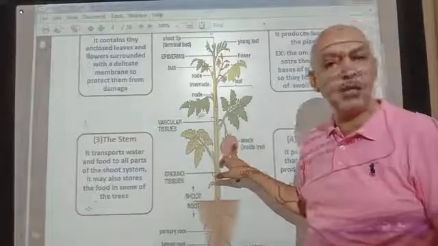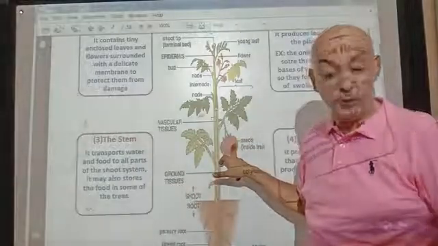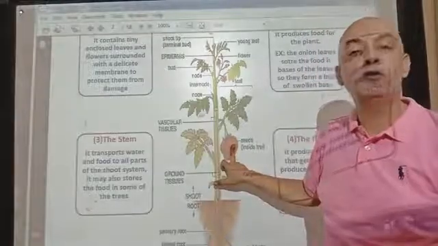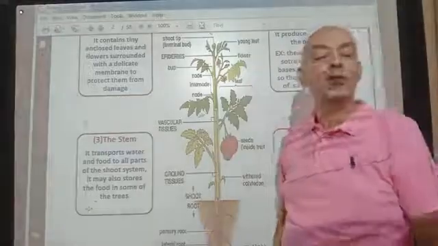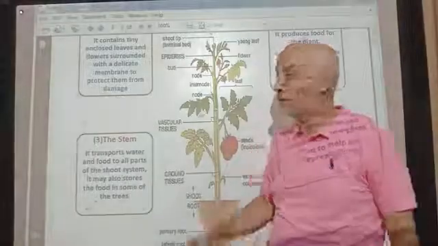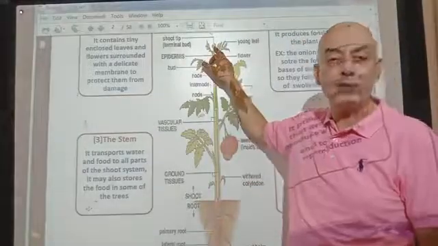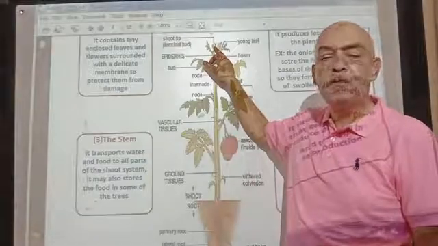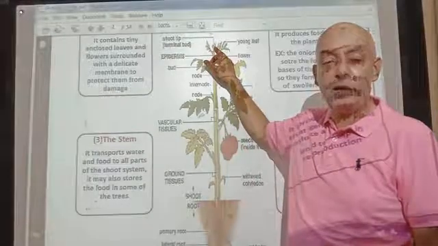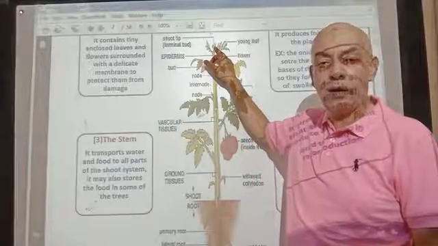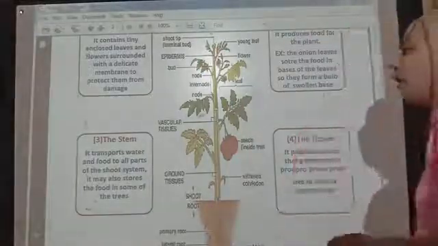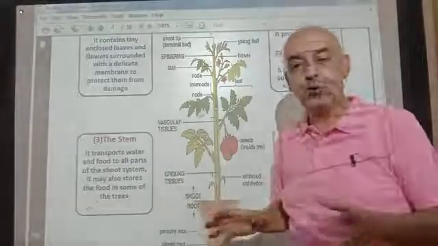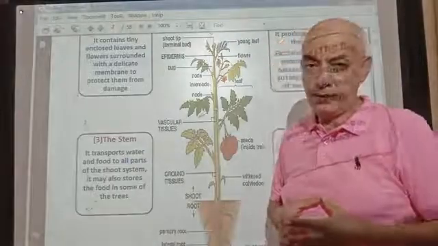Fruit contains seeds to produce plants of the same kind. Flowers, the organs of reproduction in the plant. Finally, at the top of the stem, very small leaves closed around each other are called the terminal bud. So, here we have some exceptions among all the plants.